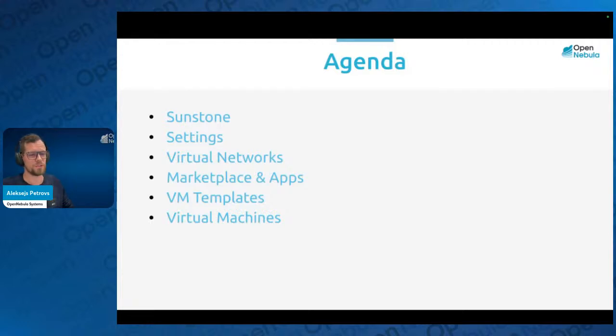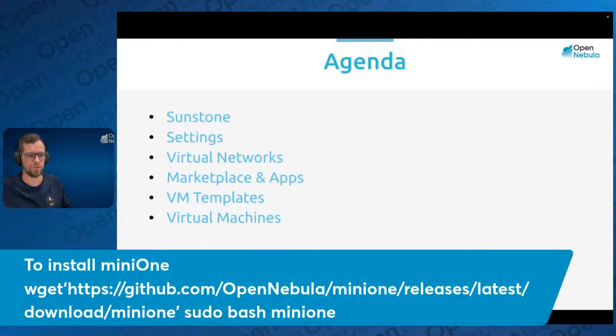We're going to discuss virtual networks, what kind of networks OpenNebula supports, how you can configure them, and we're also going to set up a little bit of change in MiniONE, as well as discuss the marketplace and apps. What is the marketplace? What are the apps? How to use them? How to get them? This is also going to be discussed and shown.